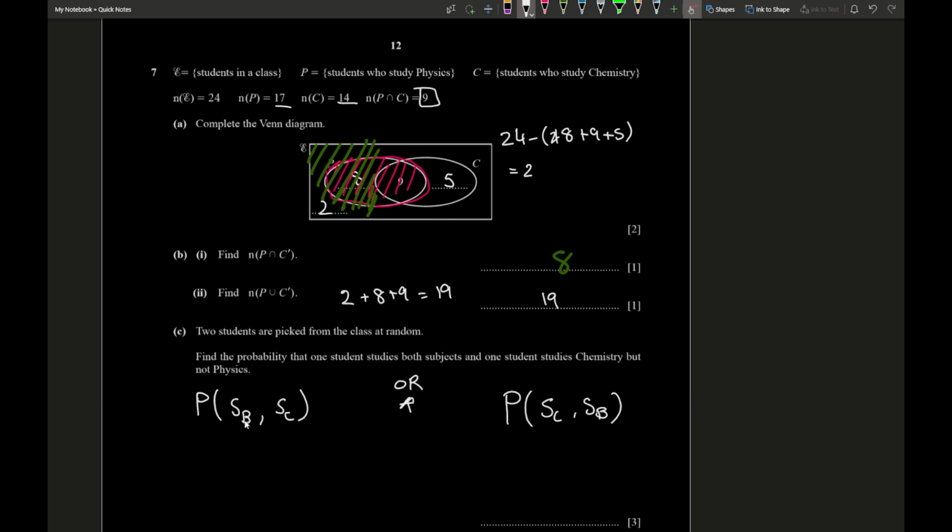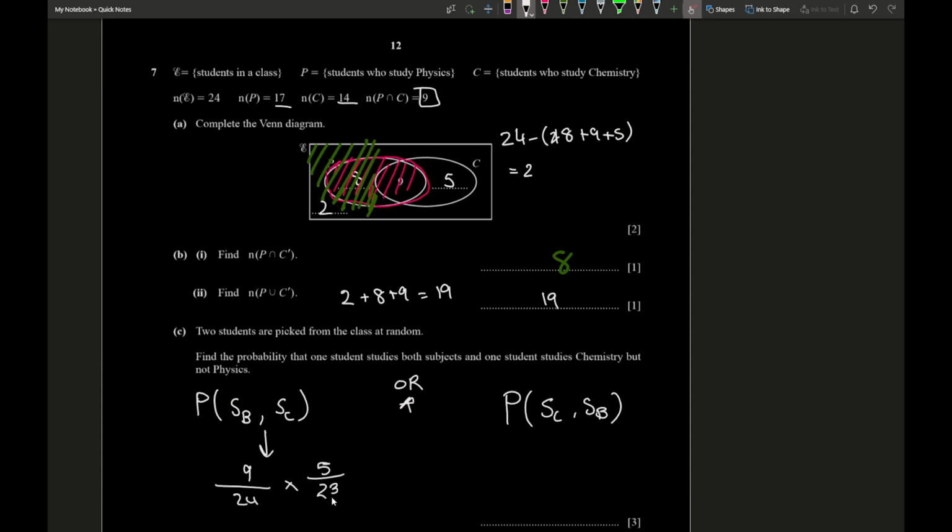Let's calculate the probability of this event happening. The probability of picking a student that studies both physics and chemistry is equal to 9 over 24. That's very easy. Now, the probability of picking the second student that only studies chemistry is going to be 9 over 24 times 5 divided by 23.